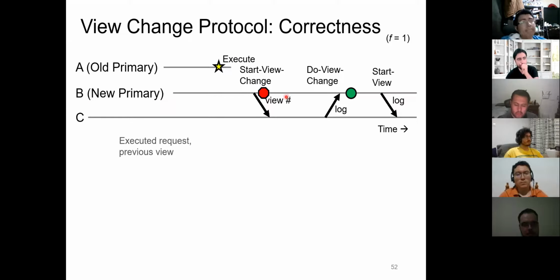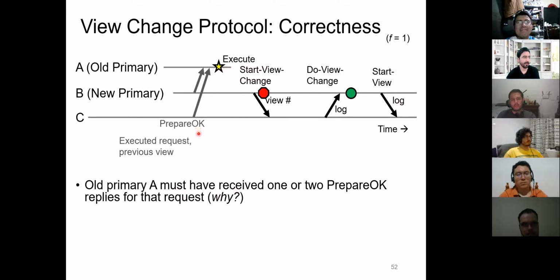So why can this not cause us any issues? It doesn't cause any issues because we said that in order for the primary to execute an operation, it needs to wait for F replies. That was the condition for the primary in order to execute.